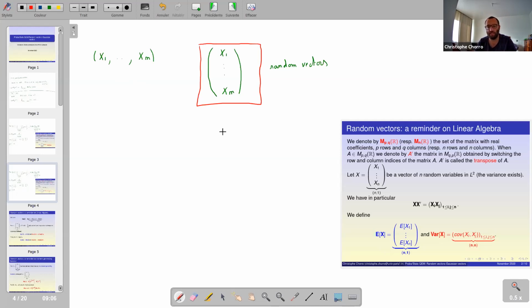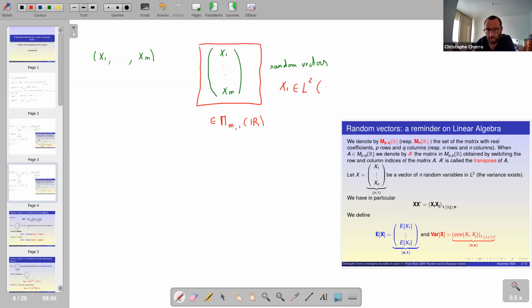So with my notation, I have a matrix belonging to M_{n,1}: n lines and one column, a vector of size n by 1. We are going to consider a random vector where each X_i belongs to L2.